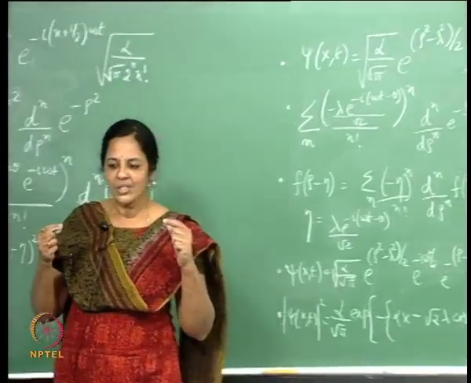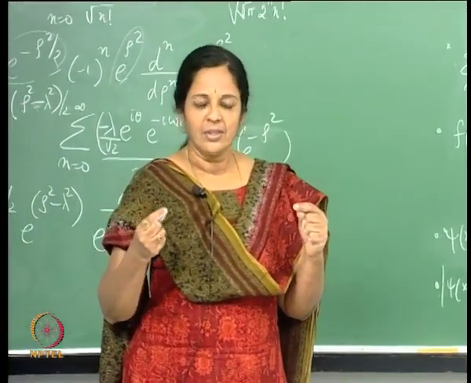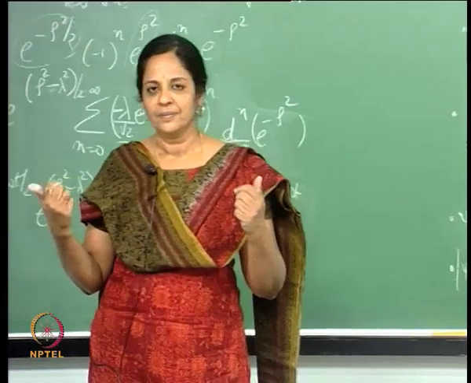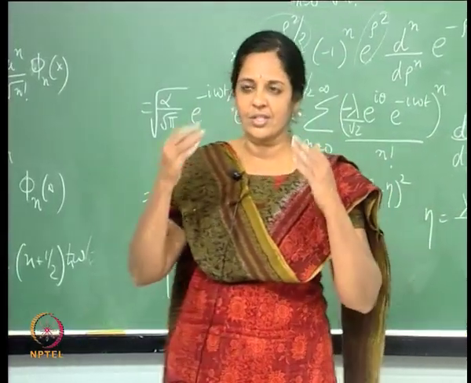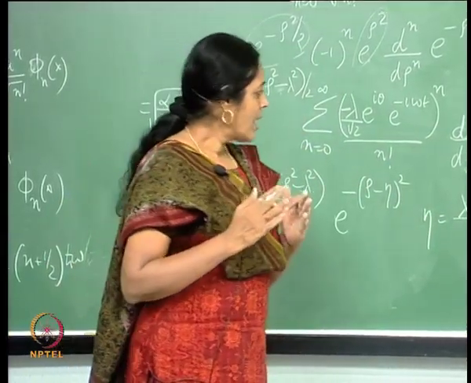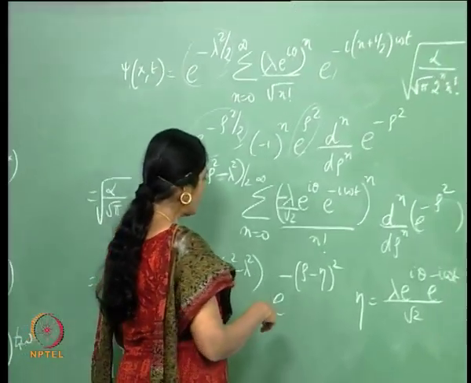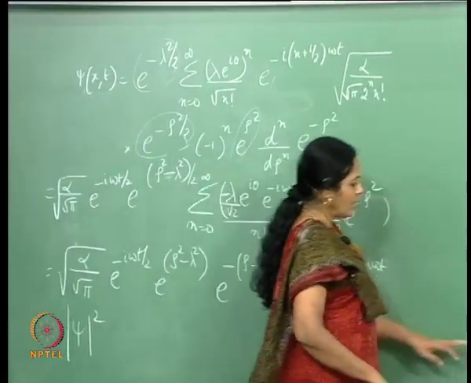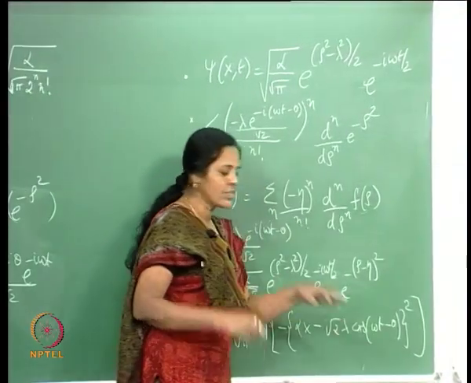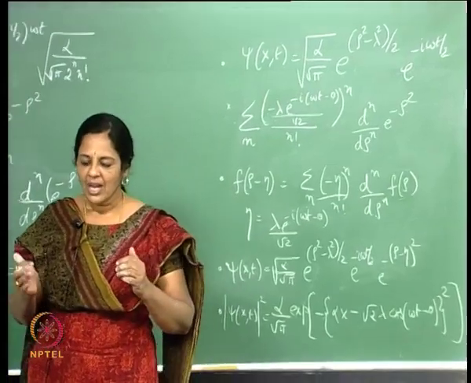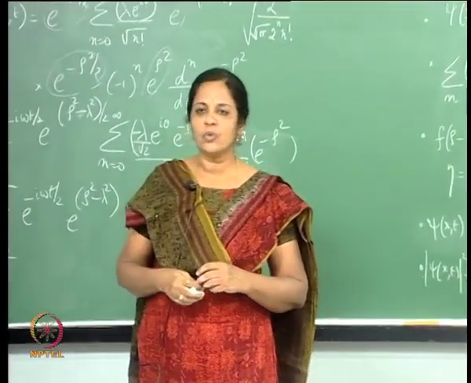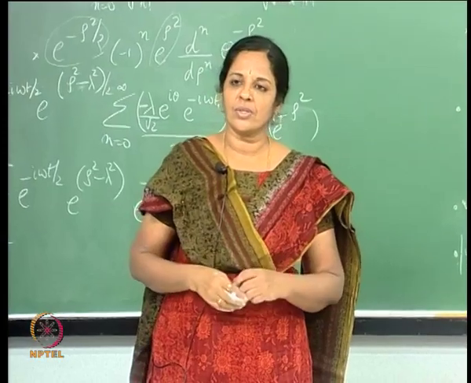So, what happens to the ground state of the oscillator or a coherent state? I have taken a coherent state, a Gaussian, as a function of x. What happens to it? First of all, at time t equals 0, it starts off as a Gaussian, and then it simply executes simple harmonic motion without changing its Gaussian form.